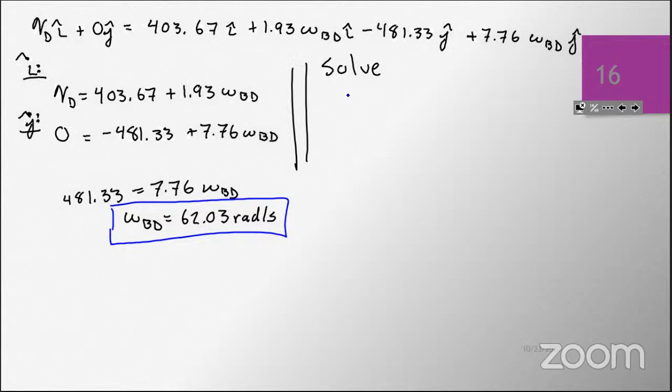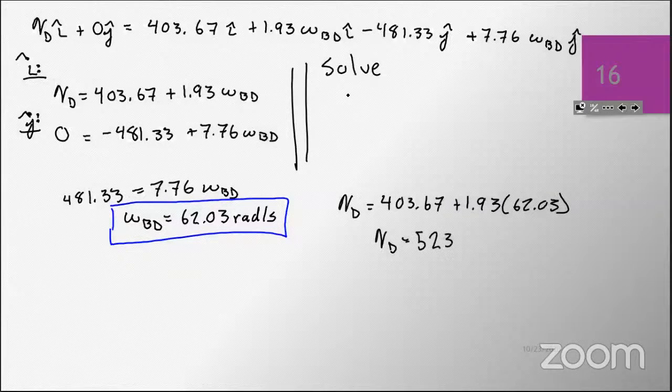I can then take this omega BD and plug it into my first equation, and I'd get VD is equal to 403.67 plus 1.93 times 62.03. That would give me 523.4 inches per second, moving to the right.